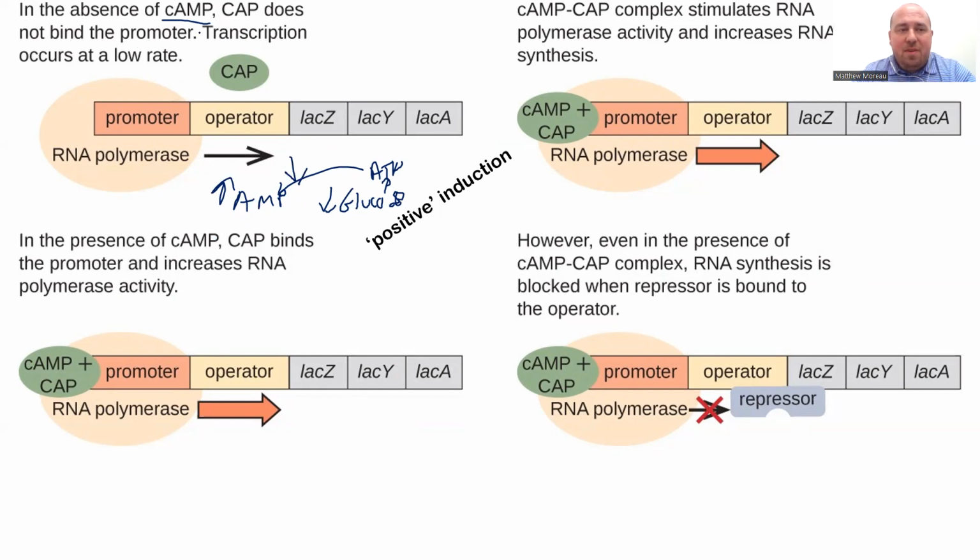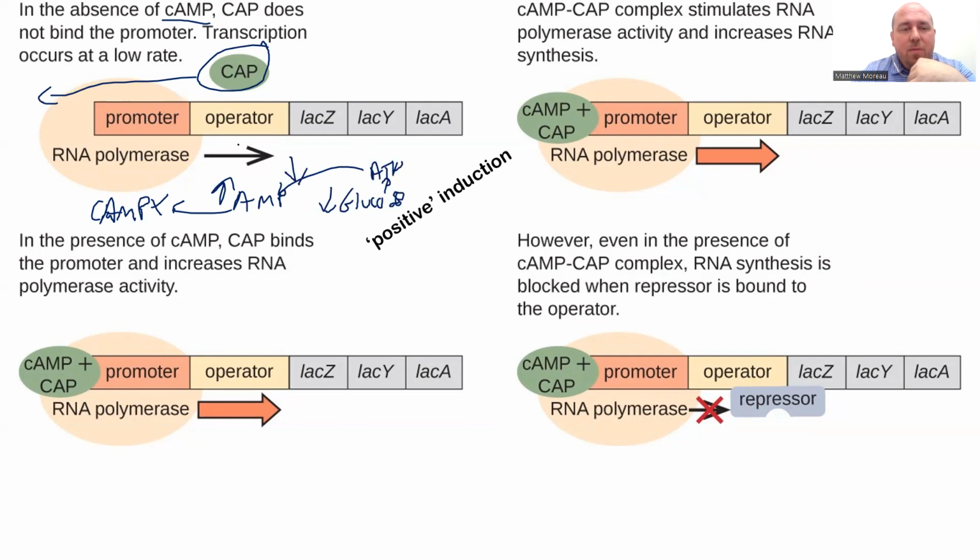So in the absence of cyclic AMP, the CAP protein can't bind. If there's no AMP, you cannot make cAMP, or cyclic adenine monophosphate, excuse me.